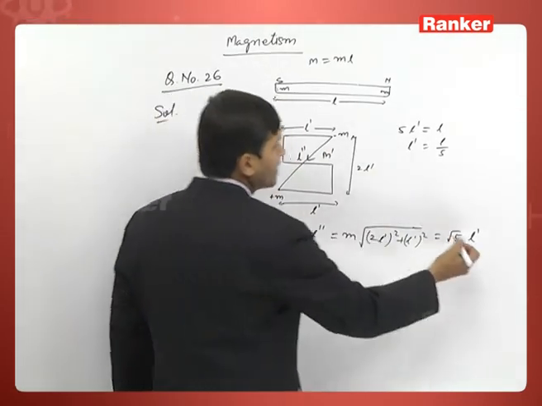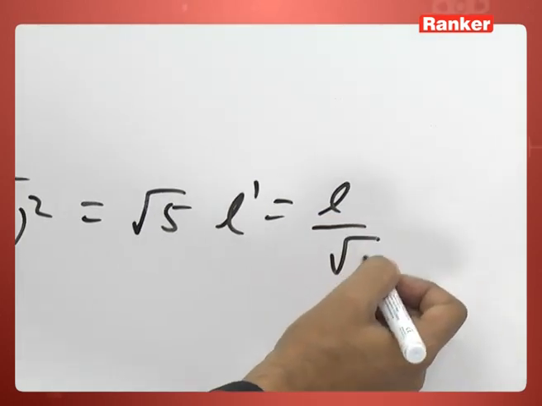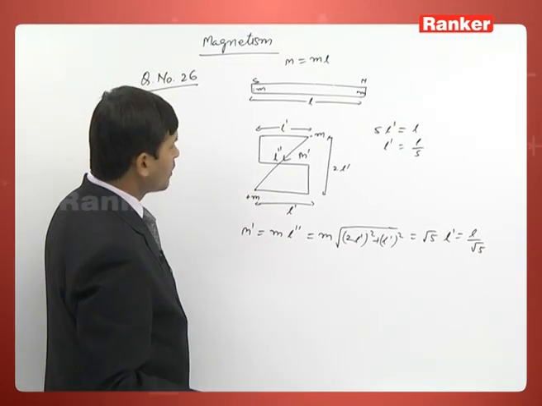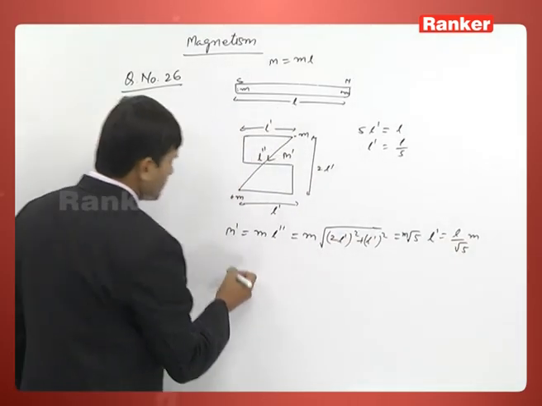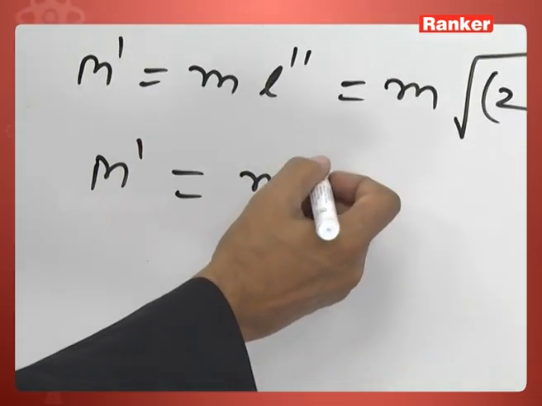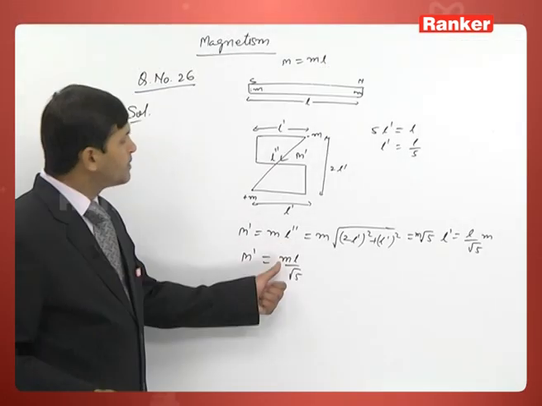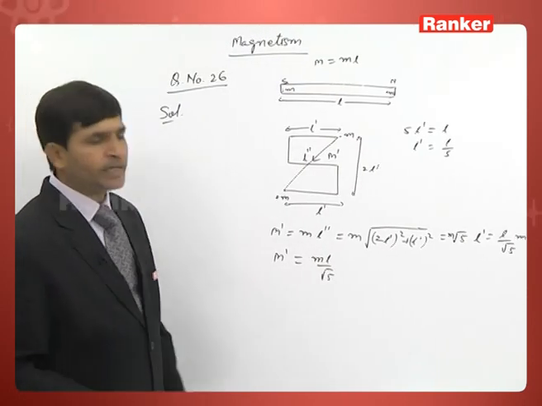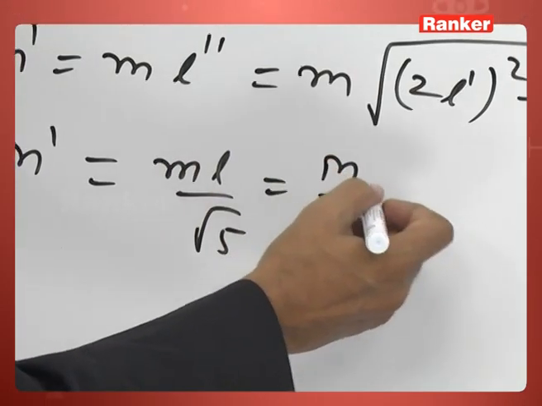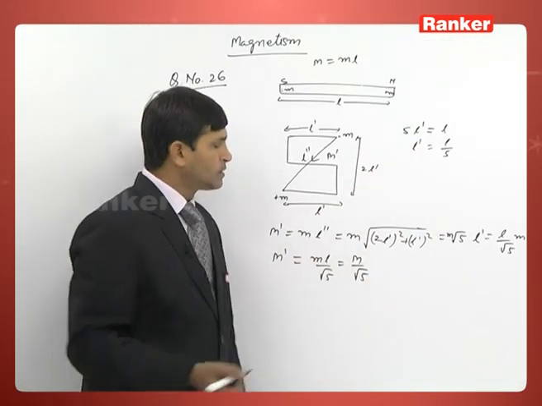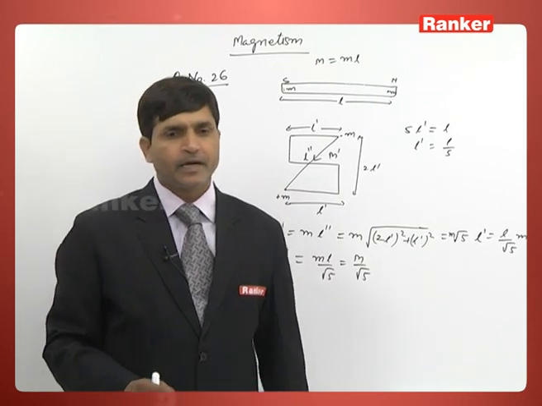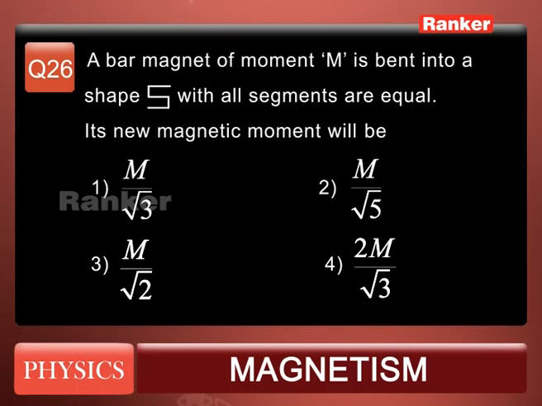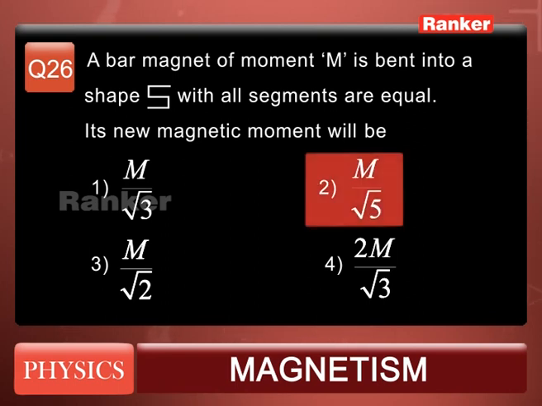So L dash is L by 5, so this is L by root 5. So the magnetic moment is written as this into M. So M dash is equal to L by root 5, and M into L is equal to your initial magnetic moment M. So this becomes M by root 5. So the new magnetic moment after making the S shape becomes M by root 5. So our correct option here is option number 2. So answer 2 is the correct answer.